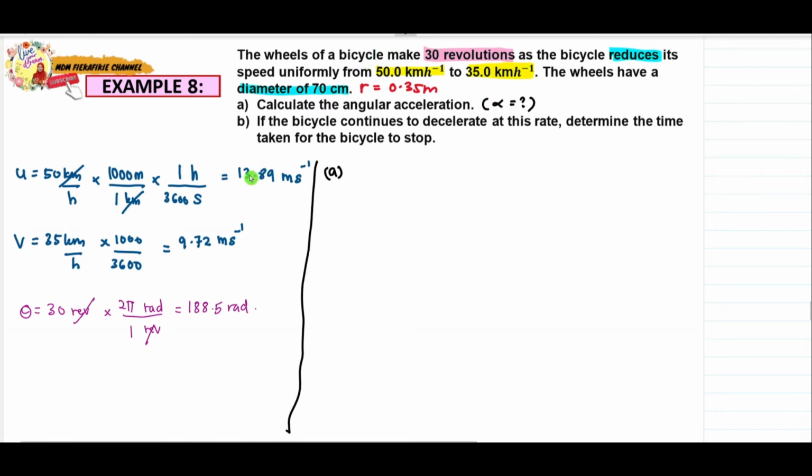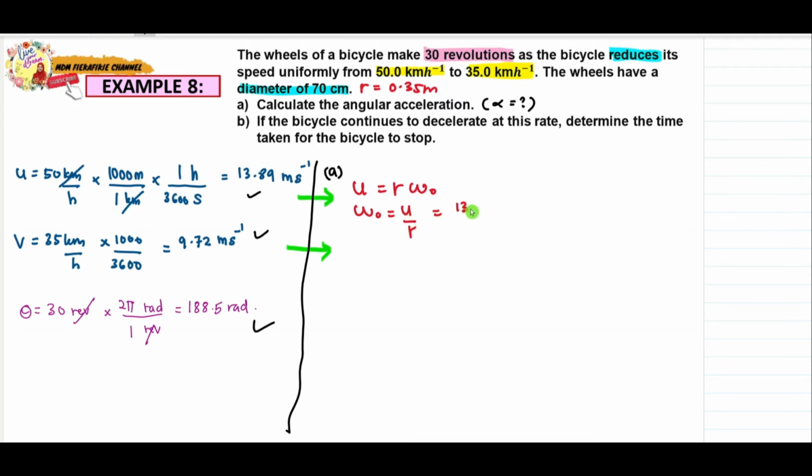But the information we have here, U and V, are linear speeds. So we need to convert: from U we find omega naught, and from V we find omega. We must know the relationship between U and omega naught, where U is equal to R omega naught. So omega naught is equal to U over R.